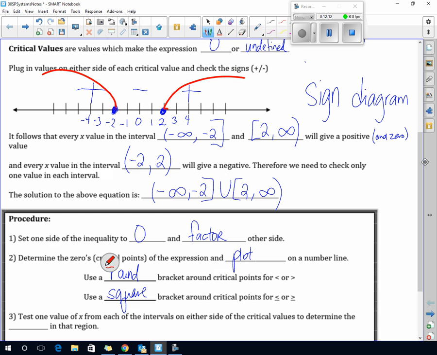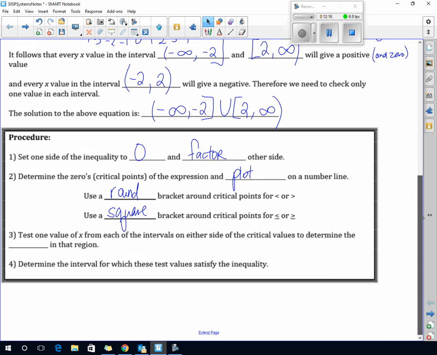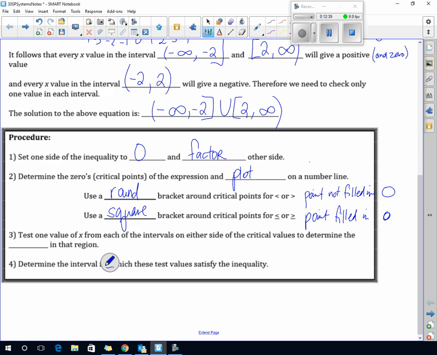Use a point not filled in, an open circle, and then a point filled in would be like that. There you go.